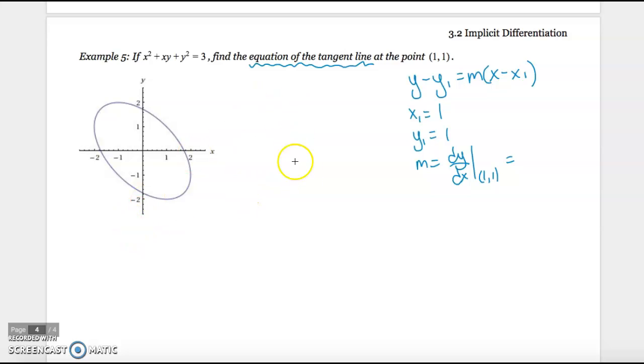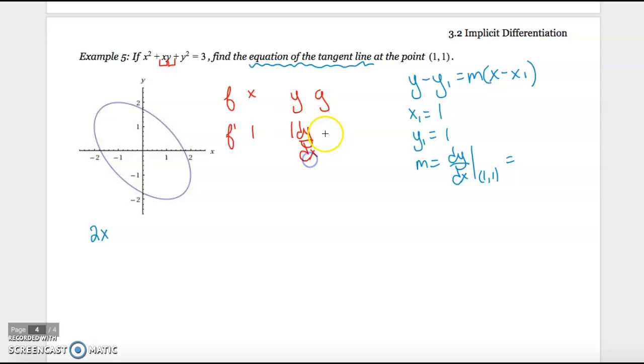I don't think I'm going to have enough room up here, length or width-wise, so I'll do it down here. The derivative of x squared is 2x. Then I have a nice product rule happening, x times y. x is my f, so f prime would be 1. y is my g, so then 1 dy dx.